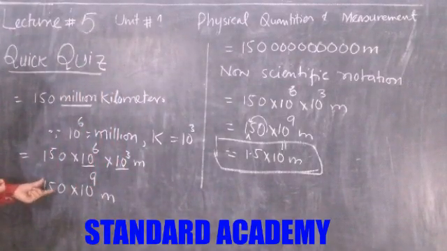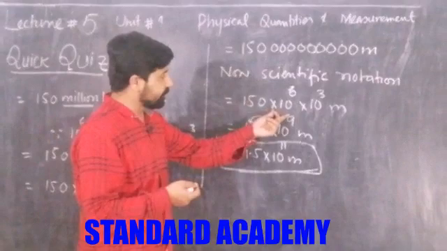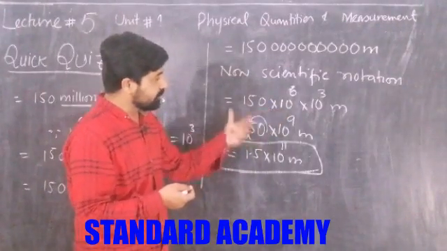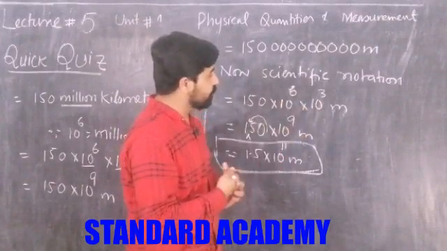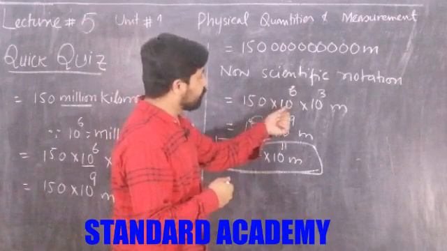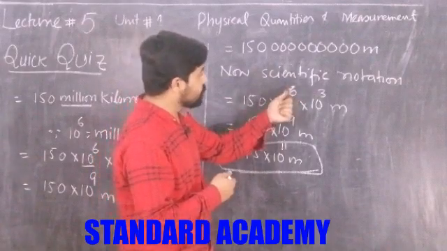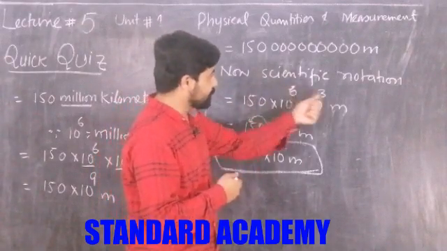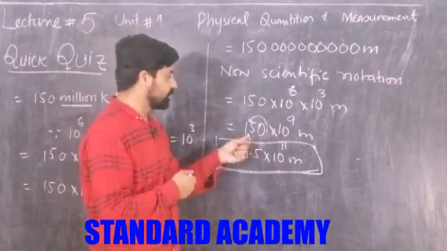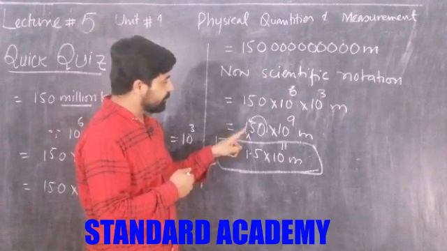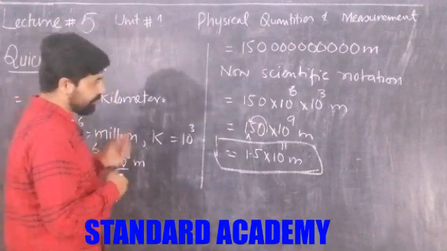this term in scientific notation. As we know that 150 million is 10 to the power 6, and then kilometer, k is the prefix, so k is equal to 10 to the power 3, and then by adding, in case of multiplication when our base is the same, the exponents are added, so by adding these exponents 6 plus 3 is equal to 9, and then converting this term in scientific notation, as we know that the decimal point should be placed after the first non-zero digit.